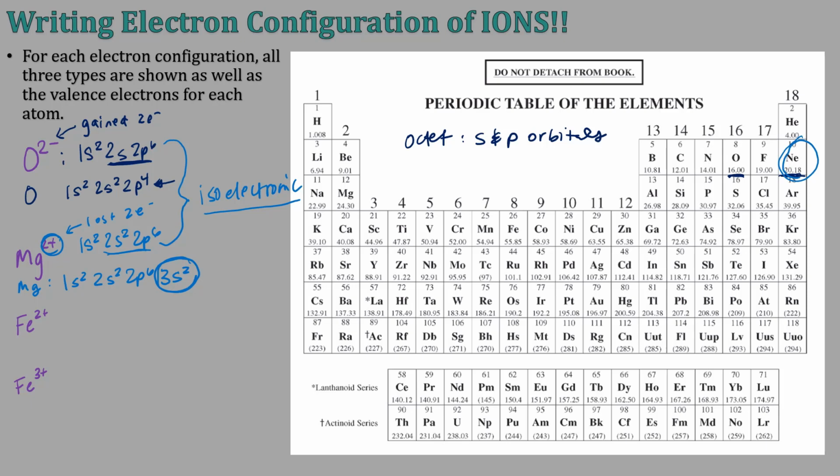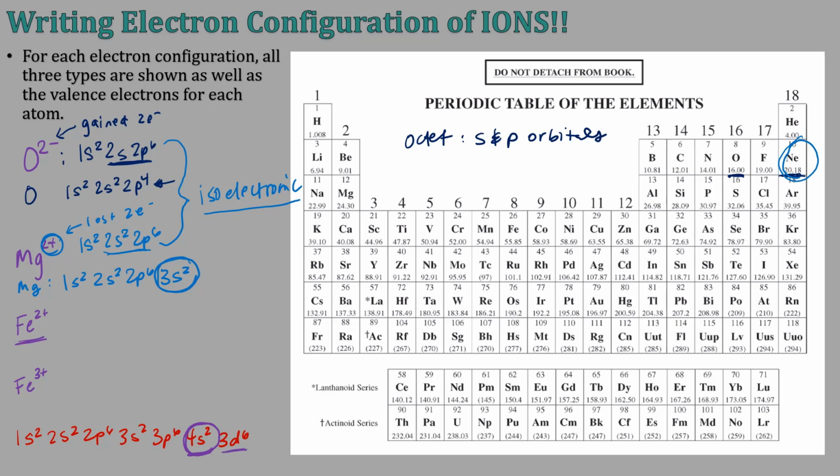All right. Now, if we look at iron, remember iron's electron configuration is 1s2, 2s2, 2p6, 3s2, 3p6, 4s2, 3d6. Iron 2+ is going to lose 2 electrons from its outermost shell, which is this one. So these are the electrons that have to be lost. They're not going to be lost from 3d6.